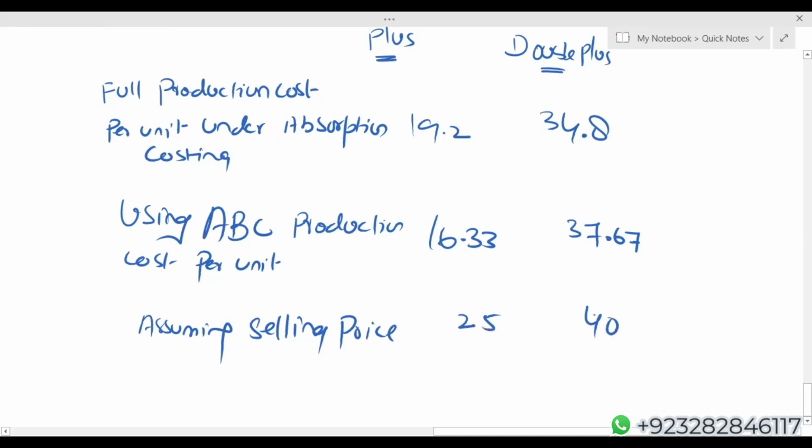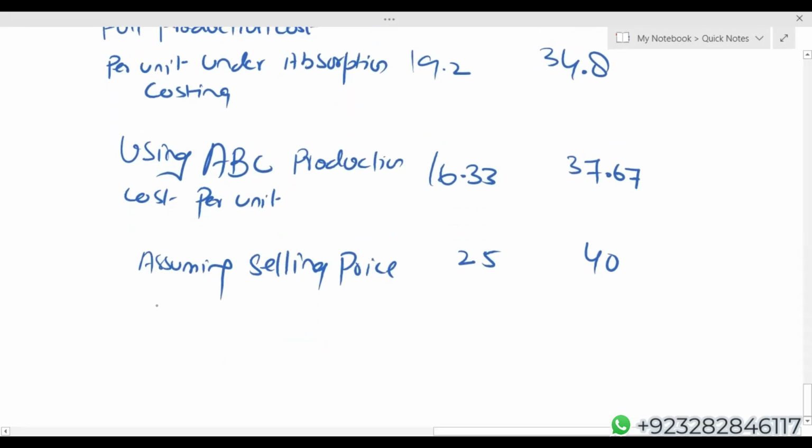So what will be the margin under absorption costing and what will be the margin under ABC? So simply, it's going to be gross profit, in fact assuming.